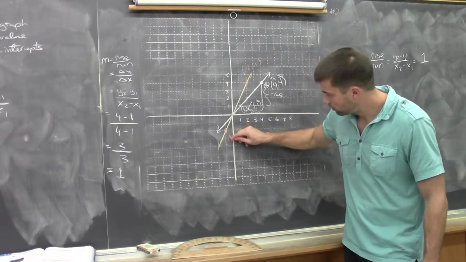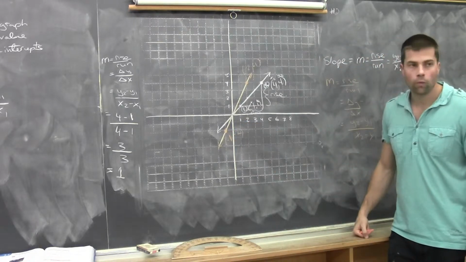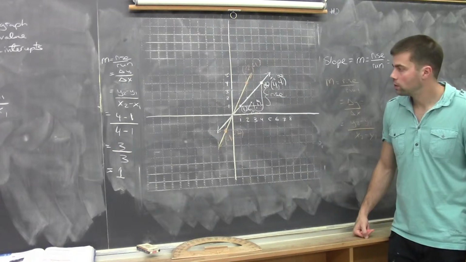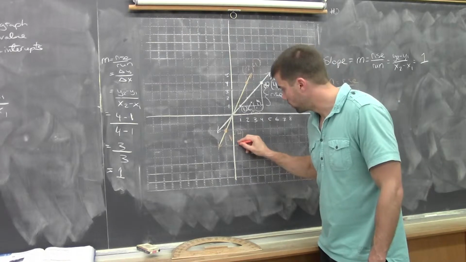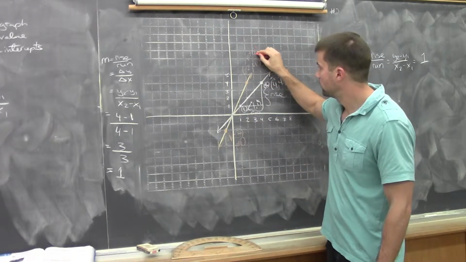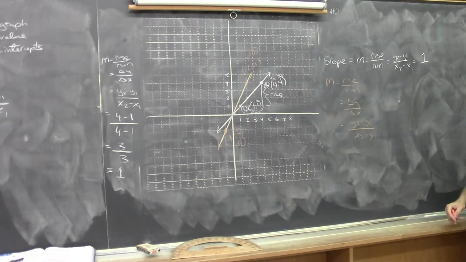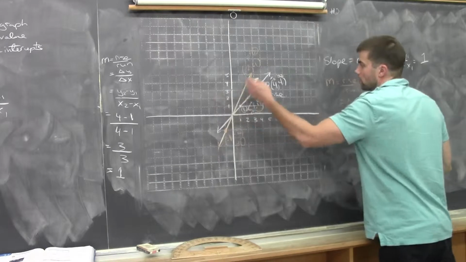Oh yes, 0.1 here. So it's left to right? Yes, exactly. Always the first point is on the furthest left.